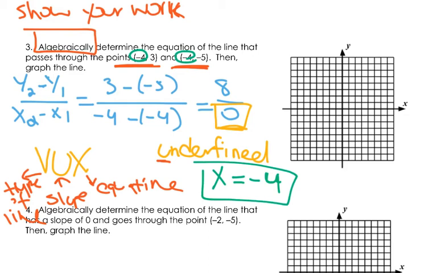If you were to graph it, you're just going to go to -4 on the x-axis, and you're making a vertical line. So that's a line that's going up and down. So 1, 2, 3, 4. Here's that right there. And that's a horrible line. Sorry, your line will look a lot nicer than mine.